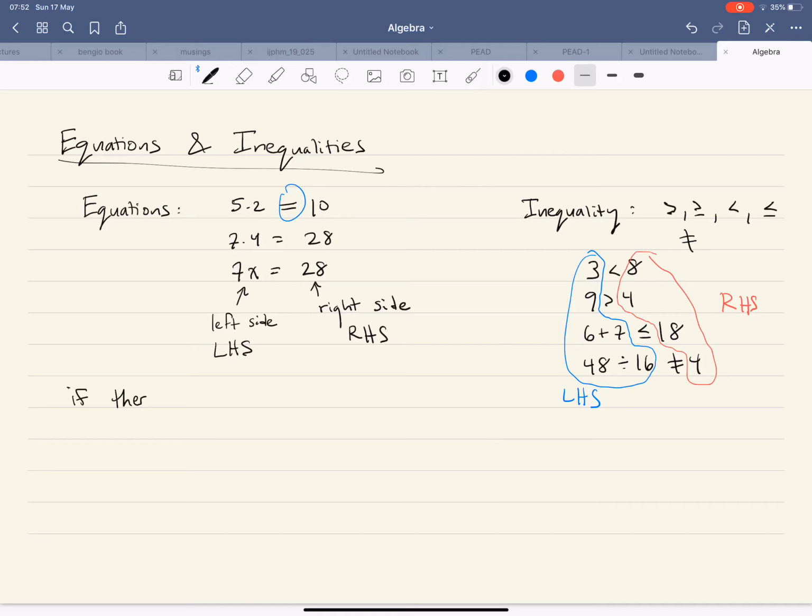If there are numbers only in the expression, then the expression is either true or false.